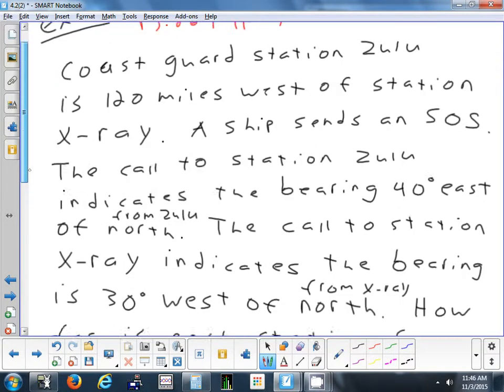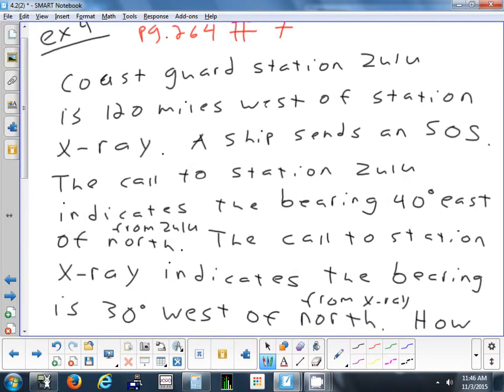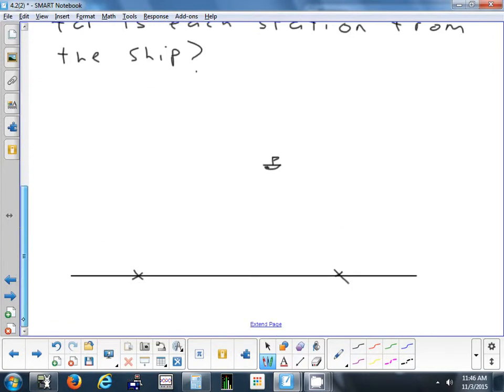It says Zulu is west of X-ray. So let's call this Zulu, X-ray. Maybe dots would be less confusing. And what's the distance between the 2 stations? 120 miles, between the 2.